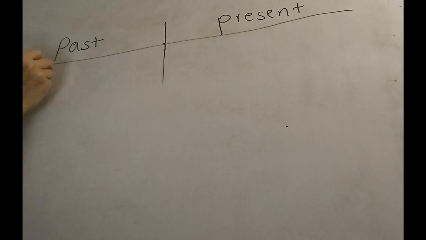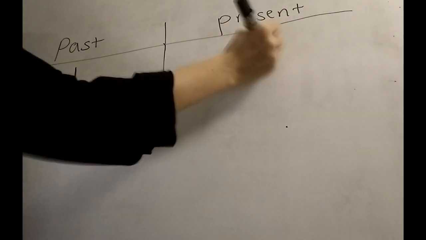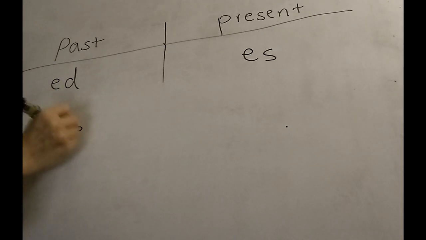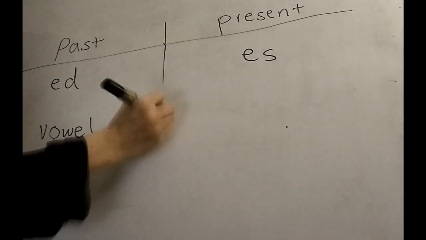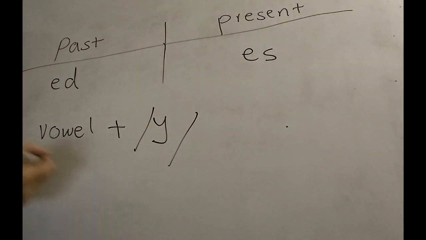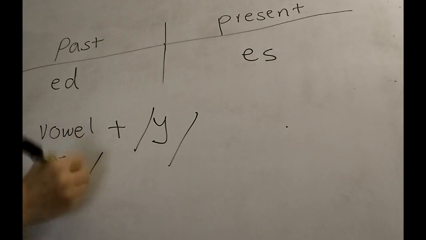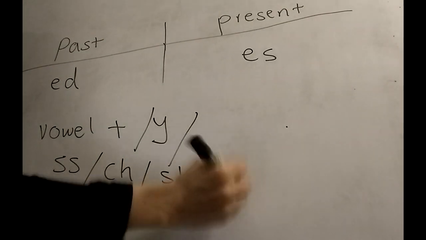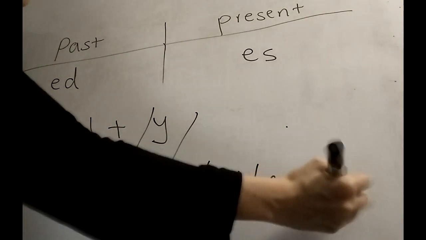Past we can add ed, but for the present, es. When are we supposed to add both of them? We're supposed to add both of them if the last letters are a vowel followed by y, or if the last letters are ss, ch, sh, x, o, and z.